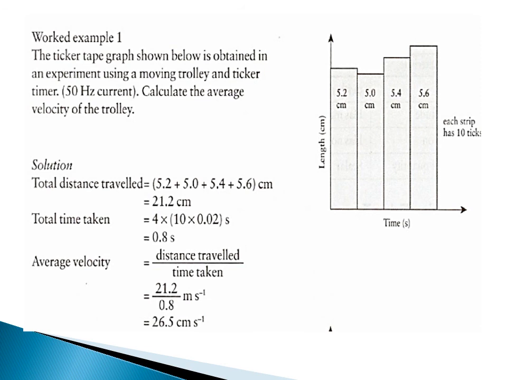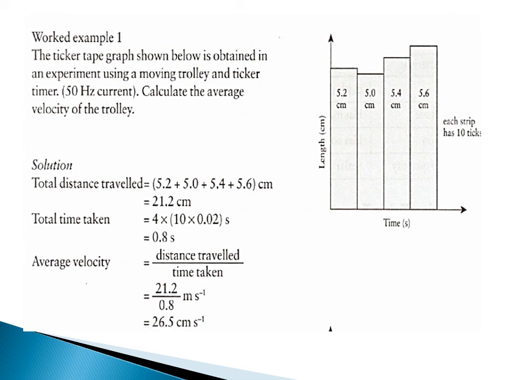Look at the solution. Total distance traveled, you have to total up the distance. The length of the strips is the total distance. So you add all the lengths, you have 21.2 cm. Total time taken. So 4, which is the number of strips, 4 strips times 10 ticks.